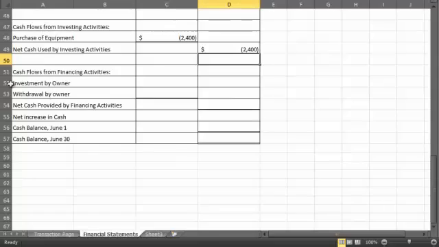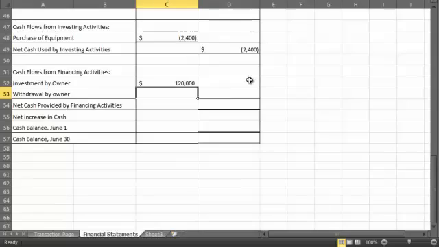Now what about the financing activities? Well, the owner invested in the company $120,000 in cash. Now remember, if they had invested $60,000 in cash and say $60,000 in equipment, the only thing that would show up on this statement are those items that actually involve either an inflow or an outflow of cash by the business.